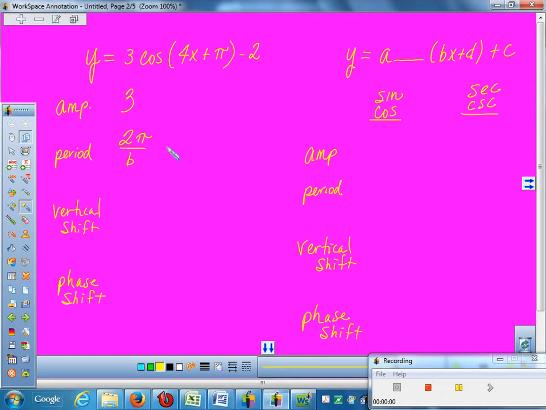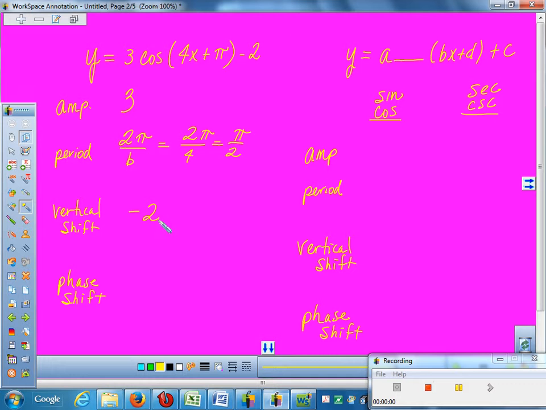In this case, the coefficient of x is a 4, so our period is pi over 2. If I asked you to find the vertical shift, the up and down shift, we would say it went down 2, so it's shifting down to negative 2.